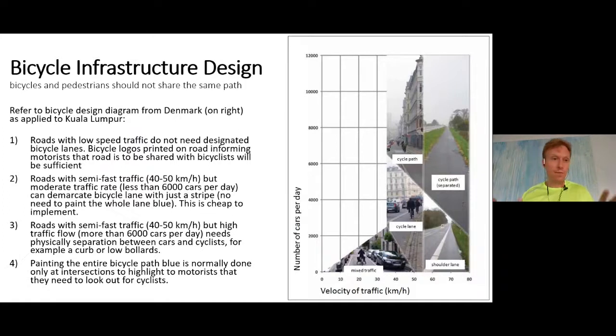And speaking of bicycle infrastructure, I think there's a quite good chart which you see here on the right, which I think can be used in most cities, where you basically look at the velocity of traffic along the x-axis and how many cars per day are riding on that road.